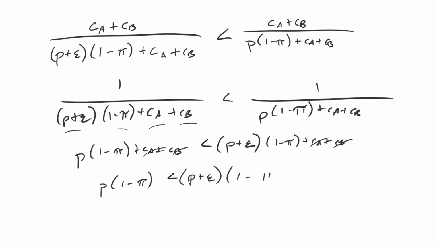Once again, 1 − π is a positive value on both sides, so we can divide it off, which leaves us with P less than P + ε. We finish this proof by noting that epsilon is greater than 0, which is true.